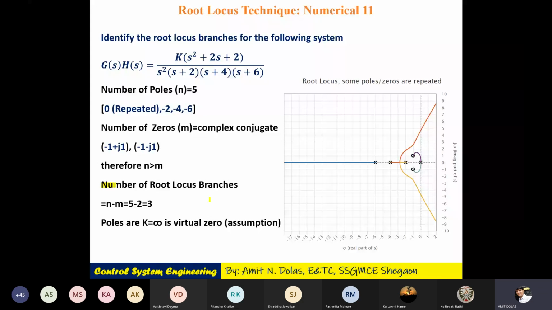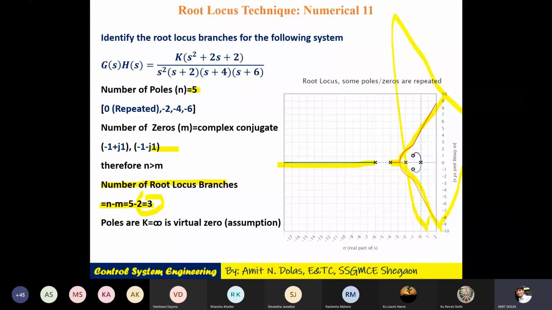Number of poles are 5, number of zeros are 2. So there will be 3 branches terminating towards infinity. You can see here, one branch is terminating towards infinity. This is another branch, and this is another branch terminating towards infinity.